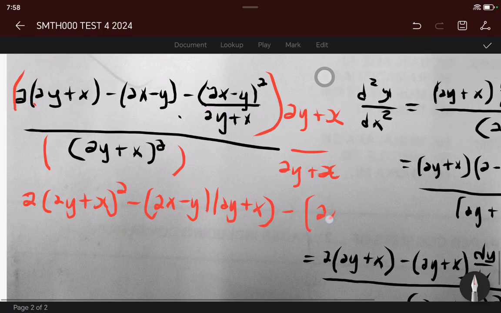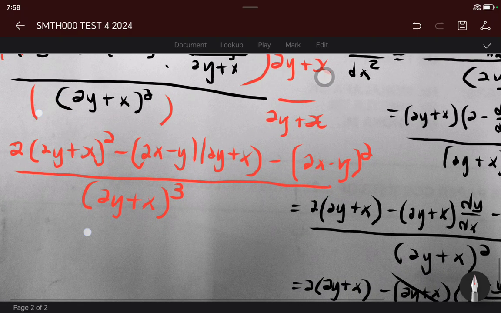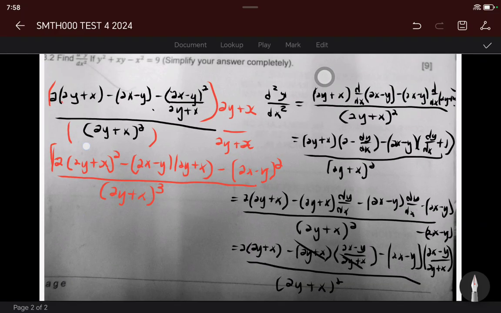This will just be 2x minus y squared, which this will be all over 2y plus x. If this multiplies with this, it will be cubed. We say, right? Then from here you can just try to simplify this. Now I'm sure that you will see that it's not as difficult as it seemed.